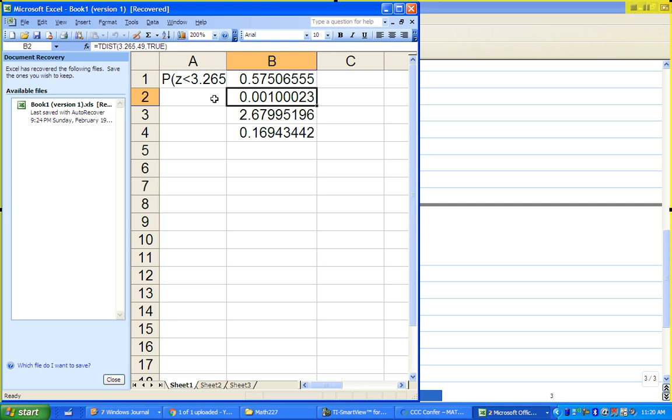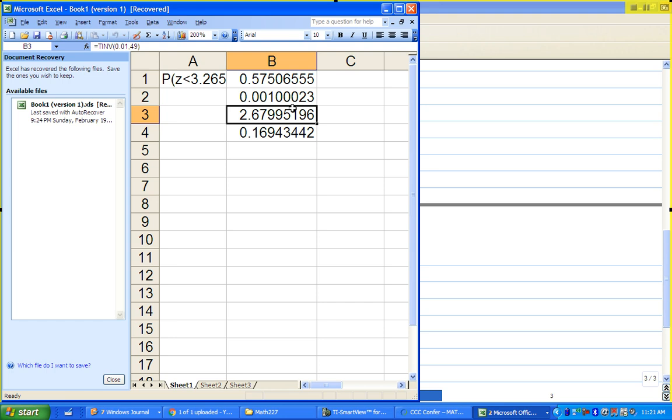3.265, comma, your degrees of freedom, 49, comma, and you say true, because it's a less than. Here it's slightly different again. So let's say that we want to find the t-value for having a probability of 0.01 with degrees of freedom 49.